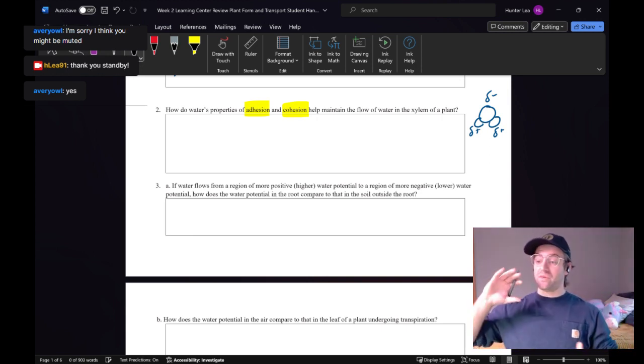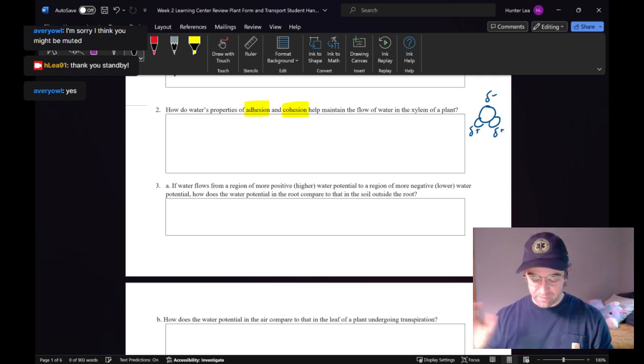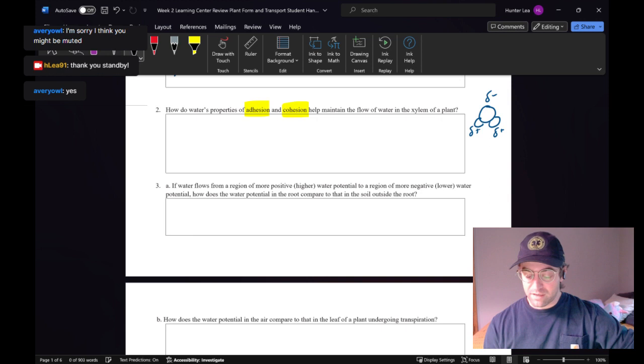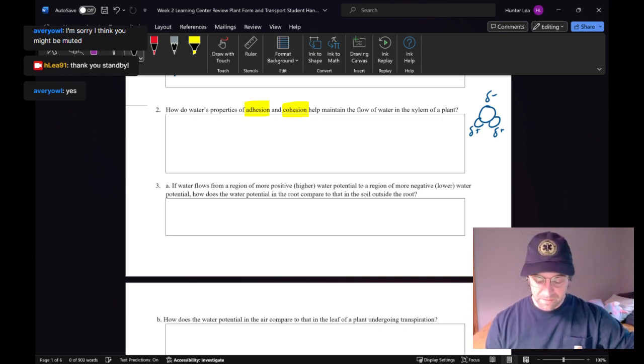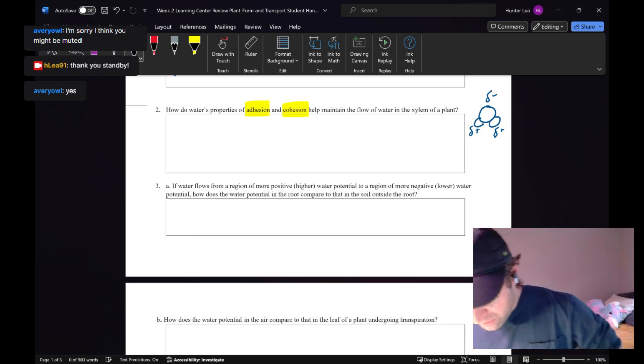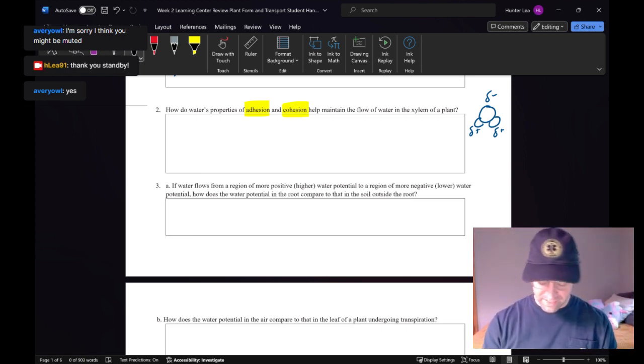So this is a polar molecule that has differing levels of charge, so it will adhere to surfaces that are positively or negatively charged. And it will stick to itself really, really well. So it's one of those unique properties of water that make it so important in Earth's ecosystems and so essential to life on Earth. So, how does this help maintain the flow of water in the xylem of a plant?